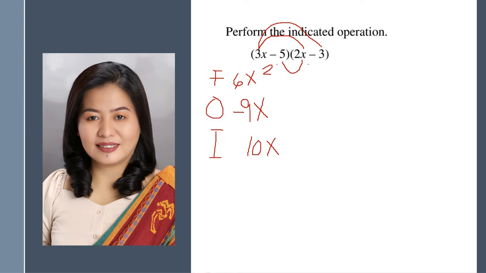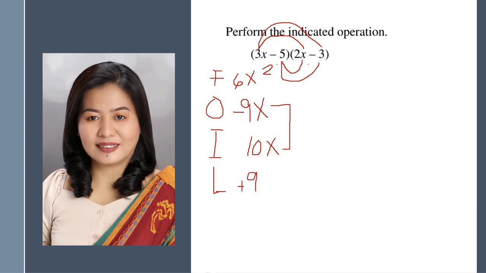And we continue, we multiply the last term of the first binomial and the last term of the second binomial. So we have negative 5 times negative 3, that gives us positive 9. So we have to look at the inner and the outer products. They are like terms because they have the same literal coefficient, which is x.